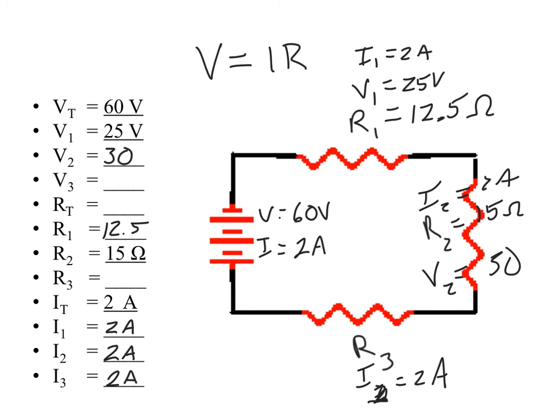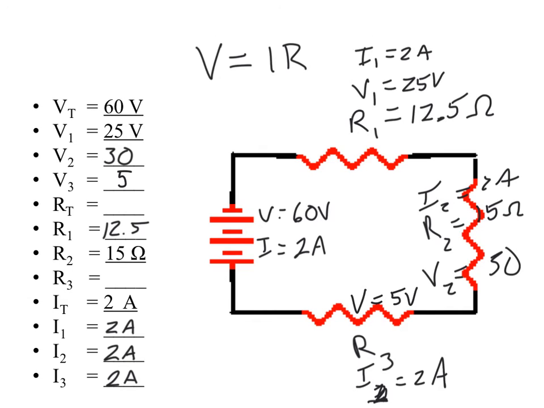So if my total voltage is 60, then 60 has to be 25 plus 30 plus something. All right? So 30 plus 25 is 55. So that means this has to be 5 because they have to add up to 60. So that means my voltage here is 5 volts.